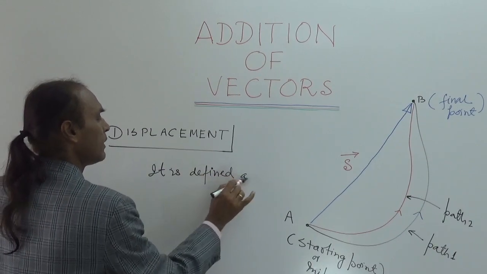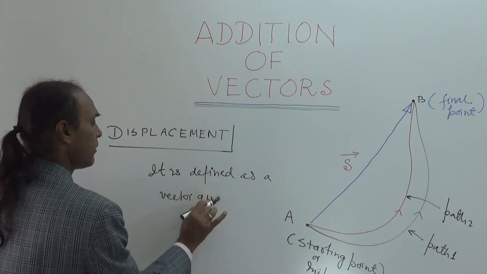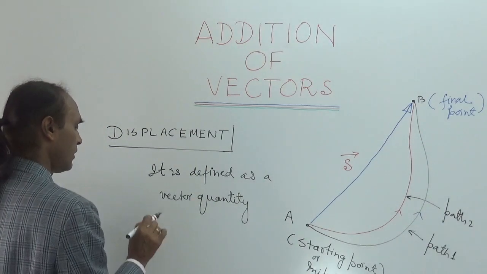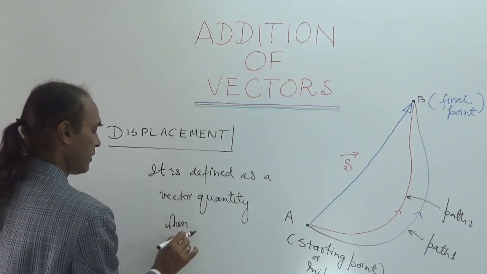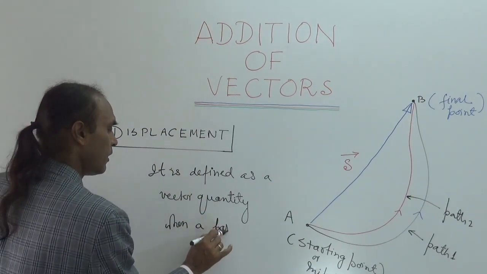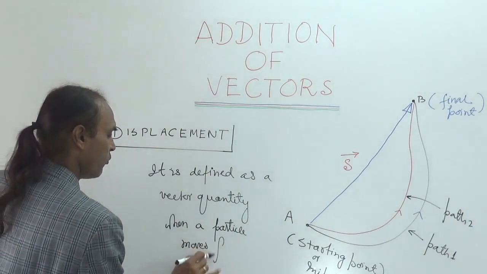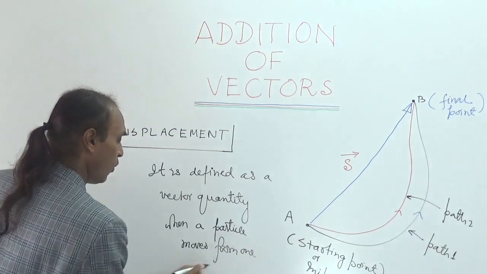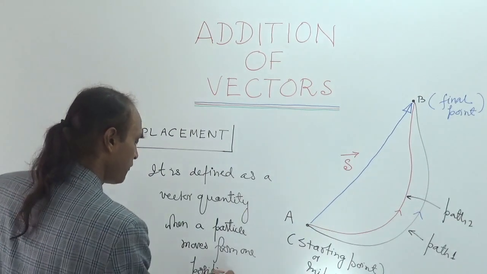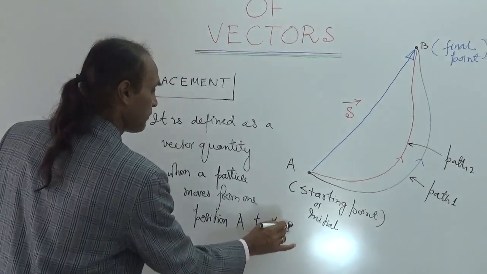So you can note it that displacement is defined as a vector quantity when a point or a particle moves from one position to the other, which is the first position A to the other position.